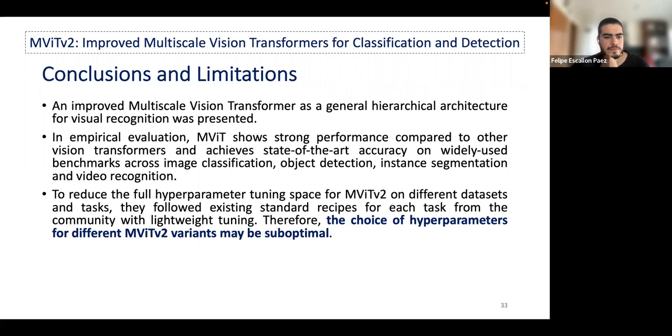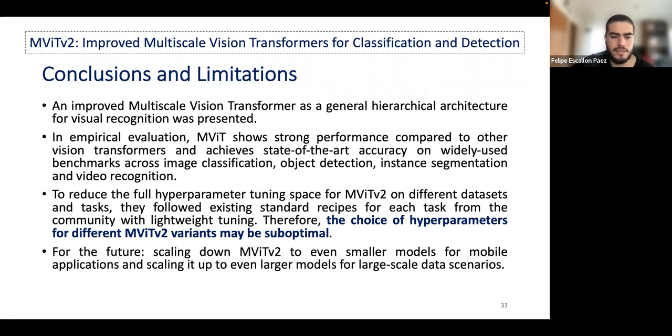Lastly, they mentioned that, first, to reduce the hyperparameters, they used all the recipes, as they call them, that the state-of-the-art methods are using nowadays, in order also to compare to them. So they did not experiment on different variations of their parameters. They mentioned that the choice of these hyperparameters may be suboptimal and could have some improvements in a next iteration when experimenting on them.